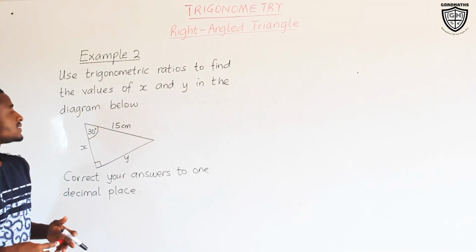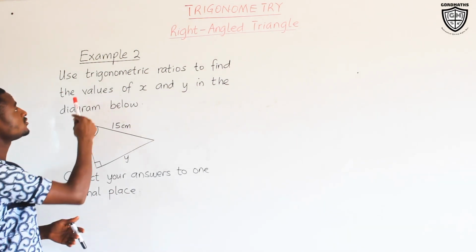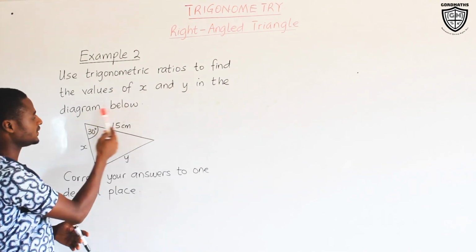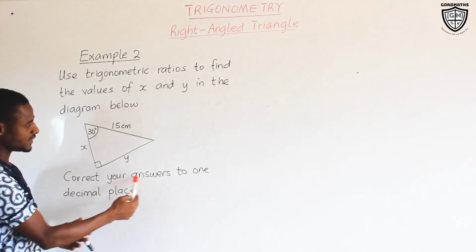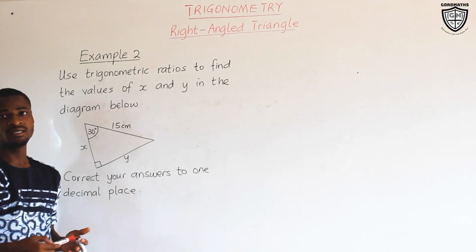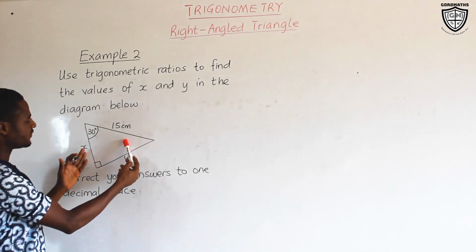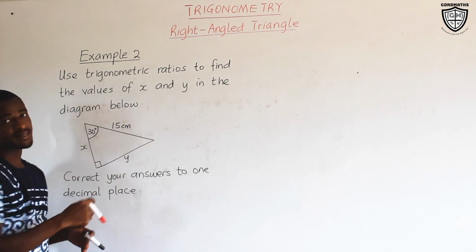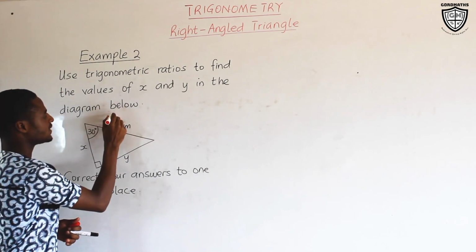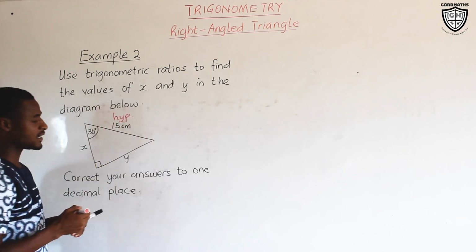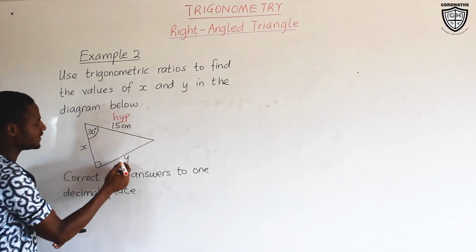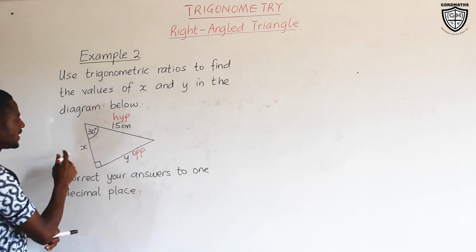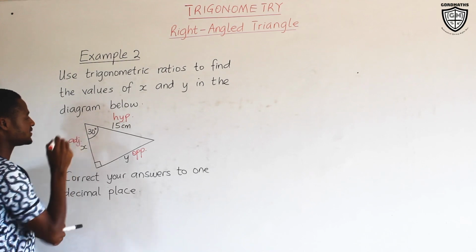This is our second example where we have to use trigonometric ratios to find the values of x and y in the diagram and correct the answers to 1 decimal place. Now from this diagram, since there is 90 degrees in a triangle, this is a right angle triangle where the side which faces the 90 degrees is the hypotenuse, and then the side which faces the given angle is called the opposite, the other side is called adjacent.